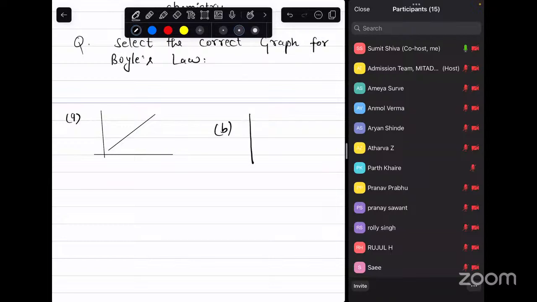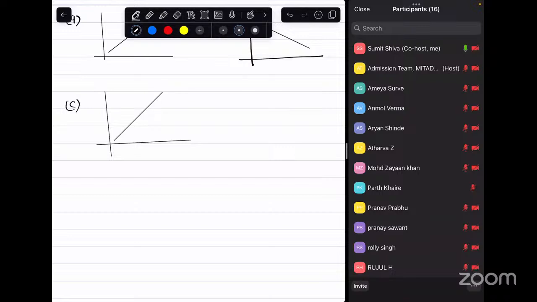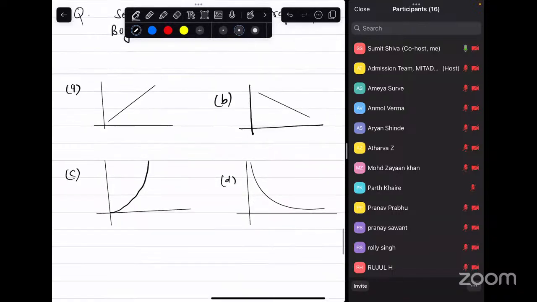B is this one. C graph is this one. And finally, D graph is this one. So what do you think? What will be the correct graph for Boyle's law?